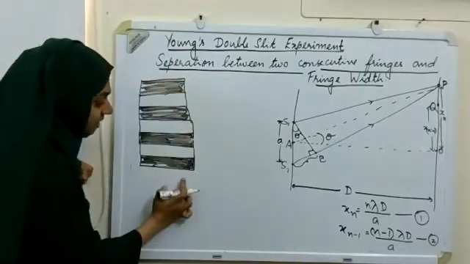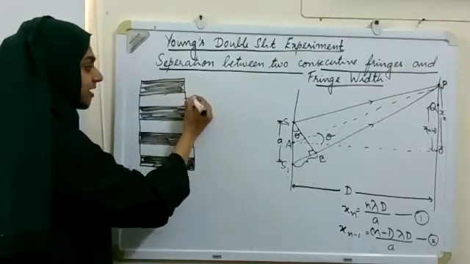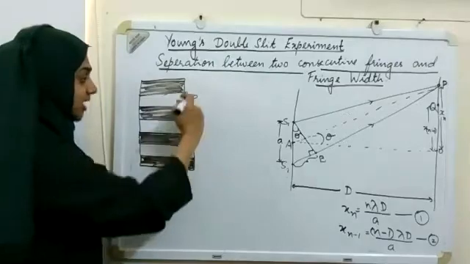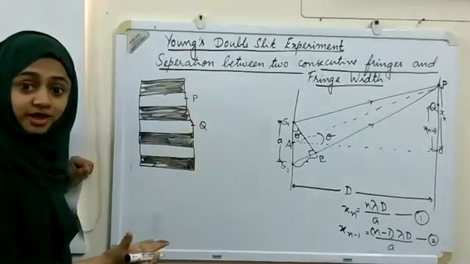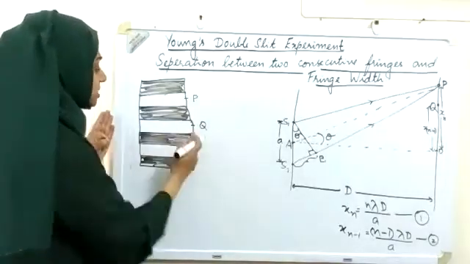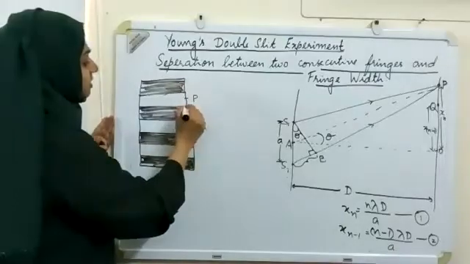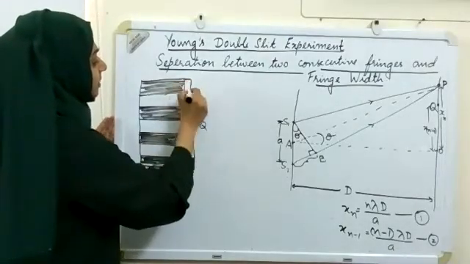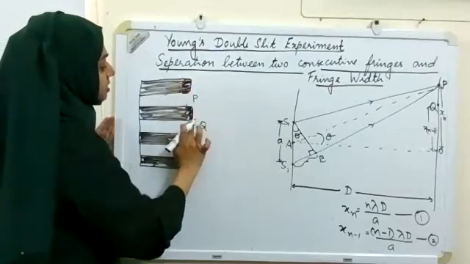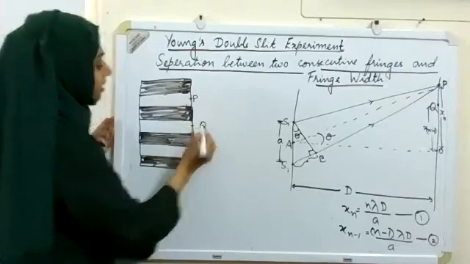So I'm assuming if this is the center, if this is the point P, I have taken a bright fringe. And just before P, Q, that is another bright fringe. So here I have these points P here and Q here.